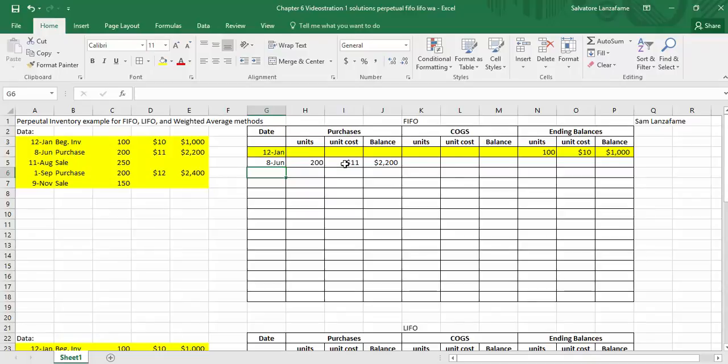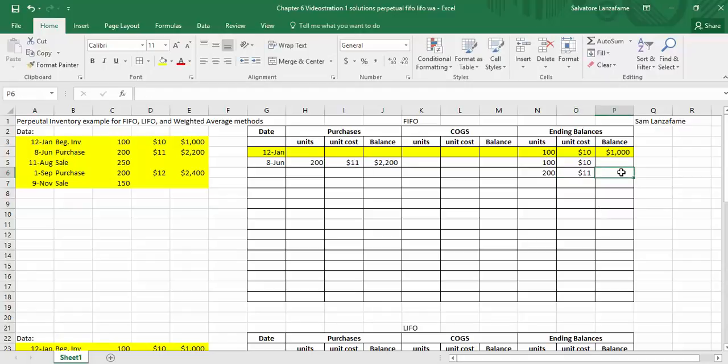You have to record your ending balances in chronological order. So you have to show them in the way they arrived. So we had 100 at $10. So we need to repeat that information. I'm just copying what I had before. And now I have just acquired 200 more. And these units that I just bought cost me 11.